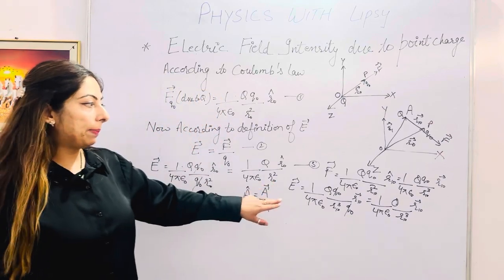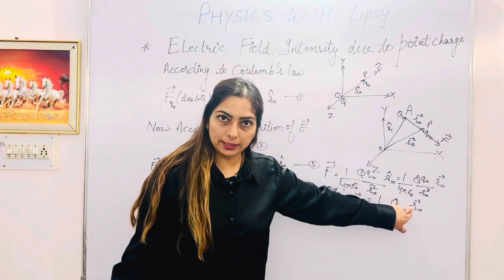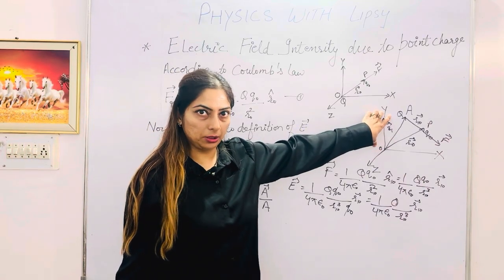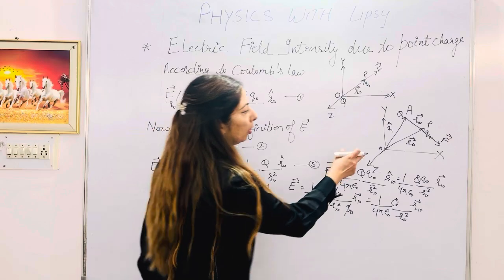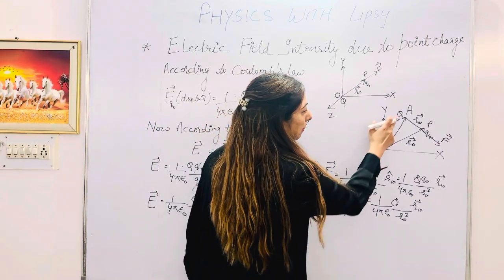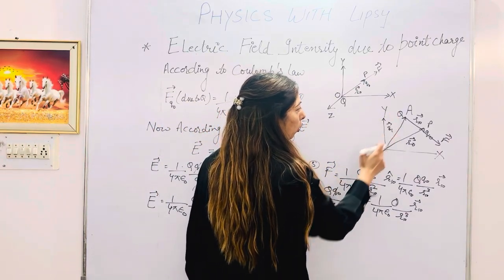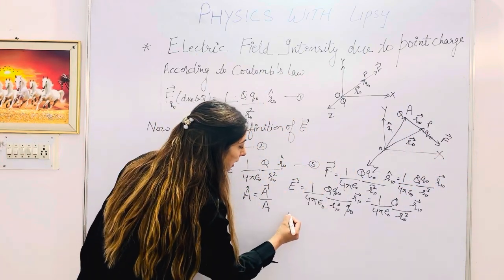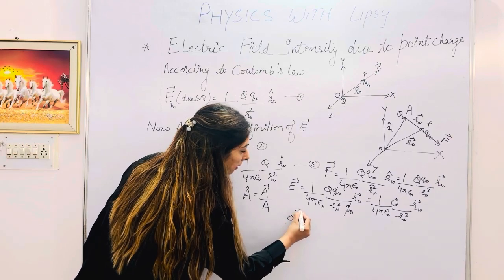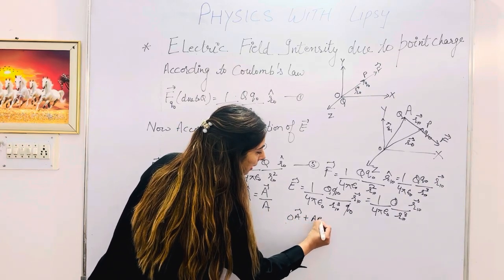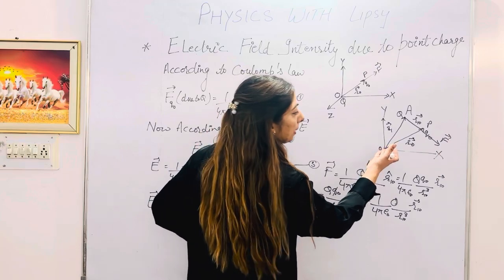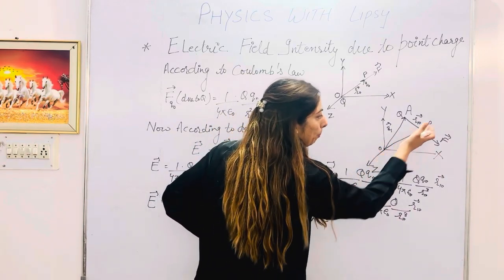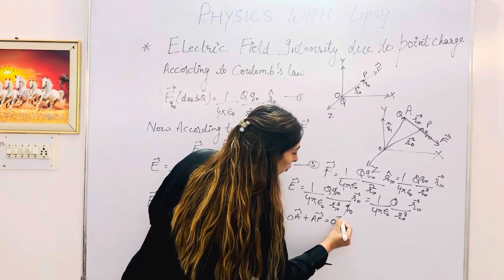Okay, so the next step is we need to find out the value of this vector. What we will do is apply the triangular law of vector addition. According to the triangular law, these two vectors OA and AP are in the same direction, so OA vector plus AP vector equals the resultant vector in the opposite manner, which is OP.